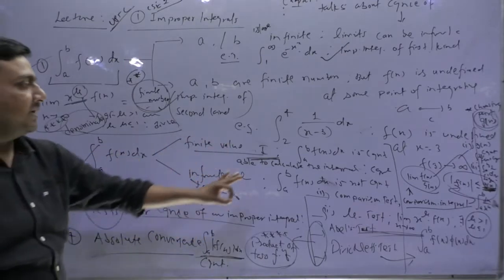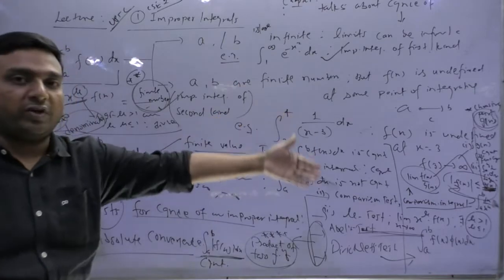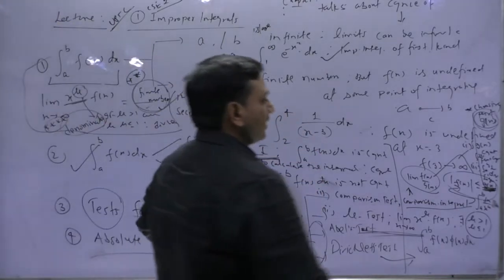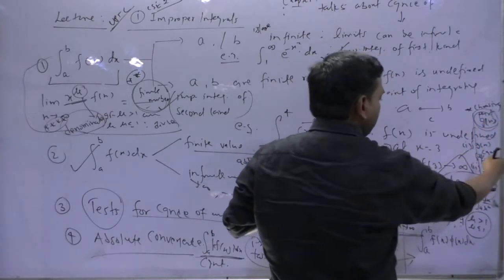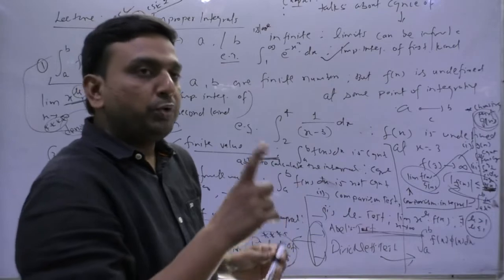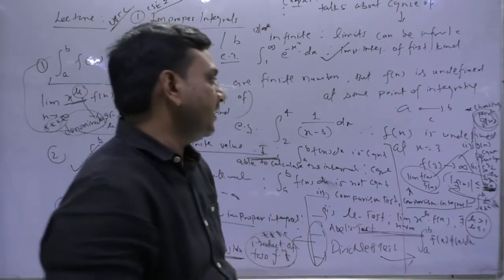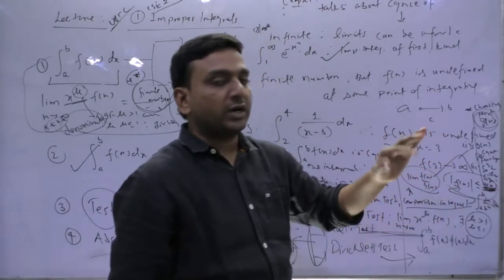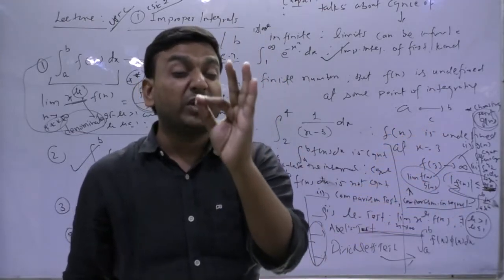Nowhere have I mentioned whether it is of the first kind or the second kind, because here you may be specific. For improper integrals of first kind the conditions on mu will be different, and for improper integrals of second kind the conditions on mu will be different. Please note it down.